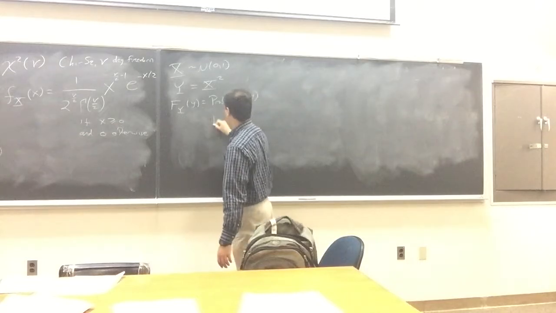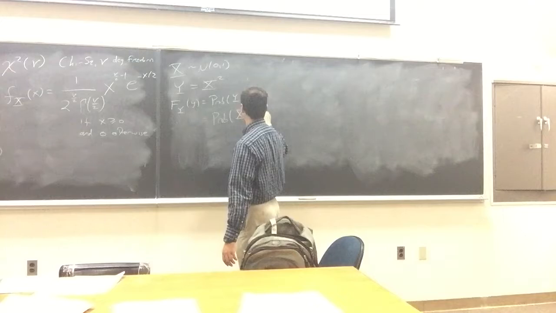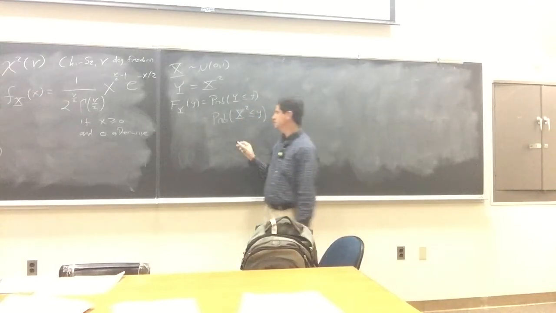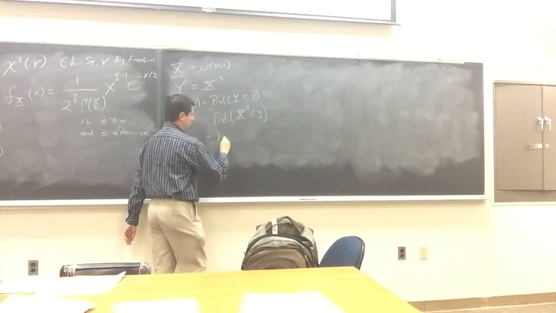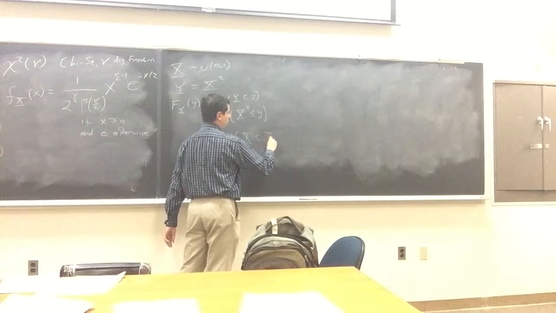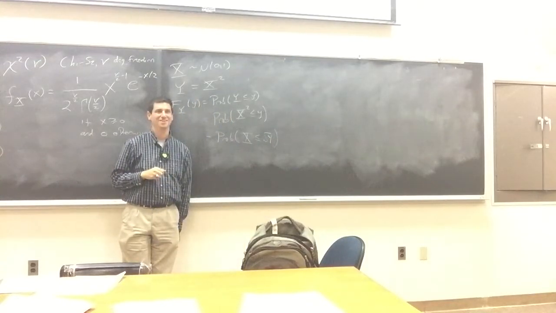This is the same as the probability that x squared is at most y. This is the same as the probability that x is at most the square root of y. Correct? Okay, I see one person shaking their head. 2 people. 3 people. A lot of people.